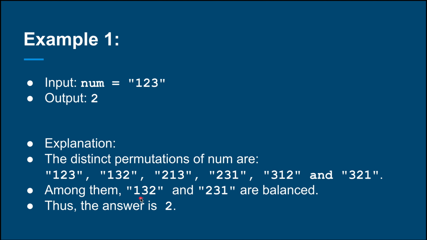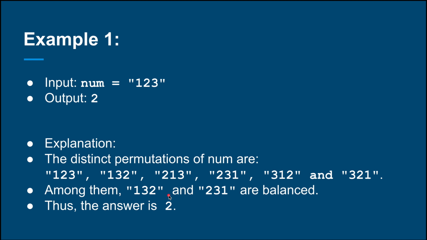Among them, 132 and 231 are balanced. Why? Because if you do the sum of digits at even indices, the indices are 0, 1, 2, and the same three digits are there because these are permutations.